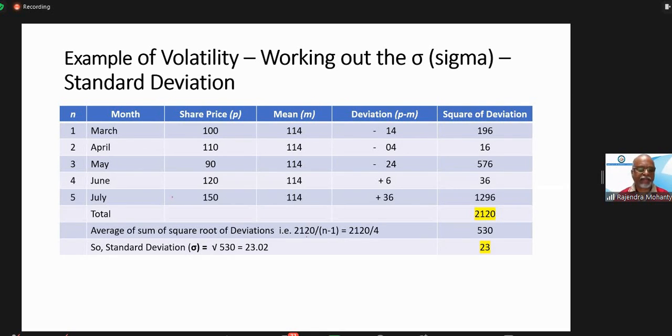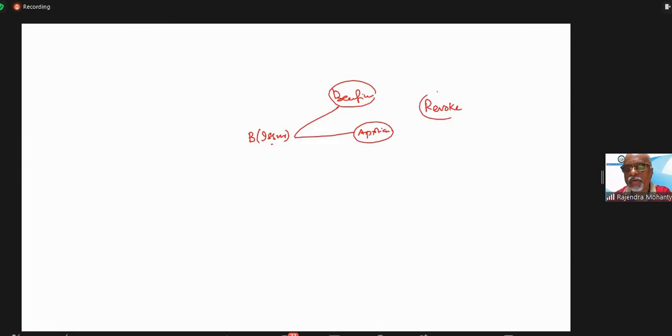Who has the power to revoke the guarantee? See, you have to understand the mechanism. There are three parties. Issuer, applicant, and beneficiary. Who will revoke the guarantee?